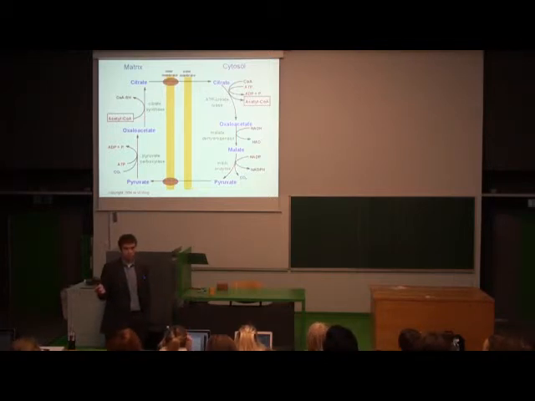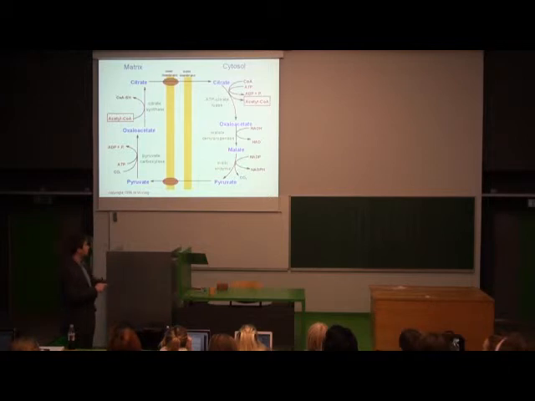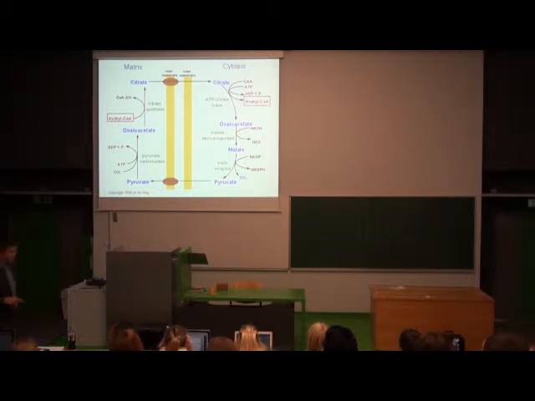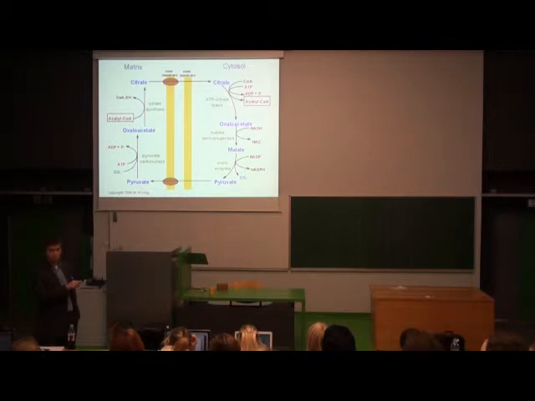Oxidation plus decarboxylation. The name of the enzyme is malic enzyme. The systematic name is NADP malate enzyme. And here you gain pyruvate. And for pyruvate, you have a transporter that can transport pyruvate back to the matrix.